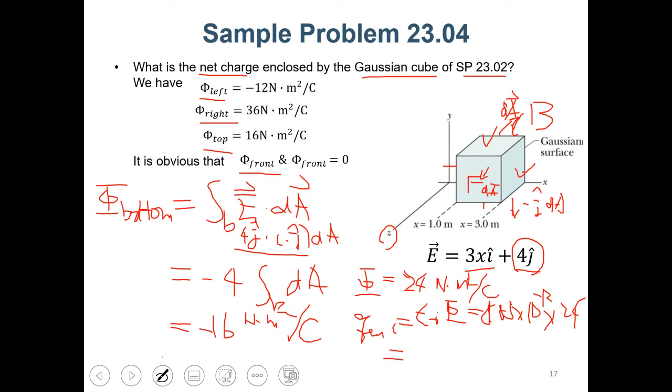So the answer will be 2.1 times 10 to minus 10 Coulomb. Or you can write it as 210 picocoulomb, which is also fine.